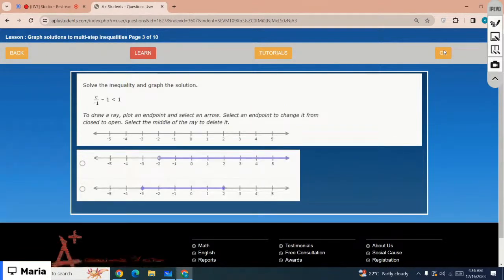Okay, the next one is c divided by negative 1 minus 1 is less than 1. So solve the inequality and let's see which is the correct option. Okay, you have to move negative 1 to the other side.